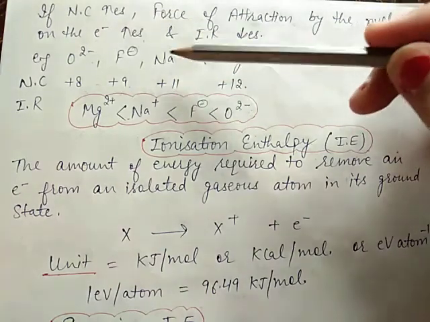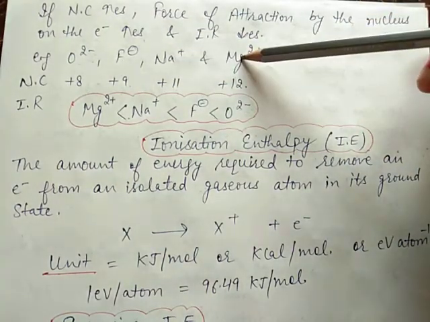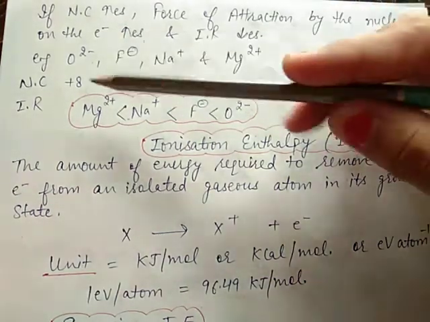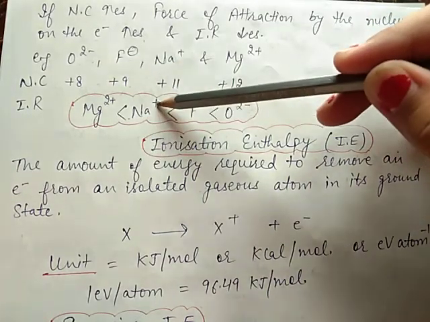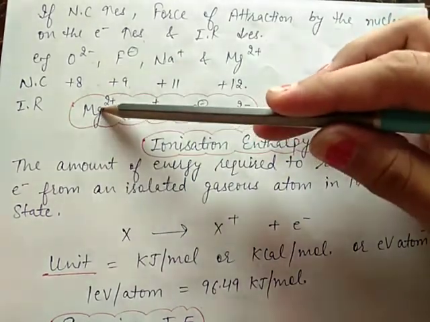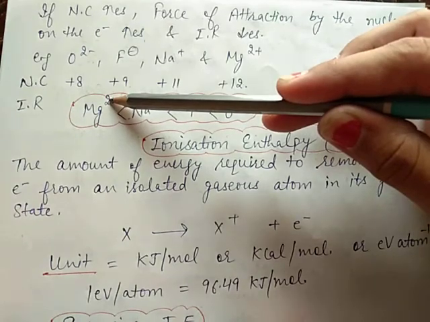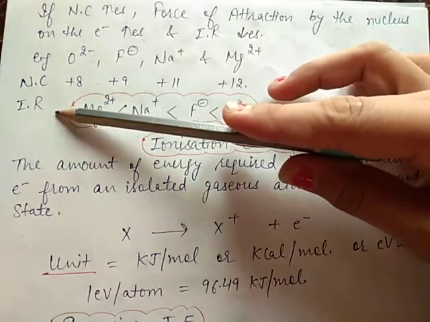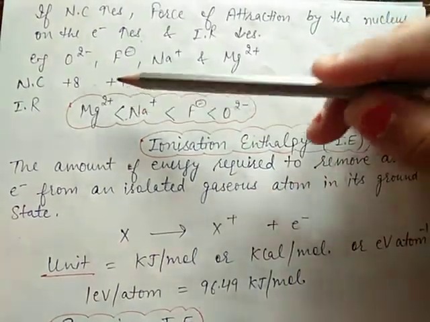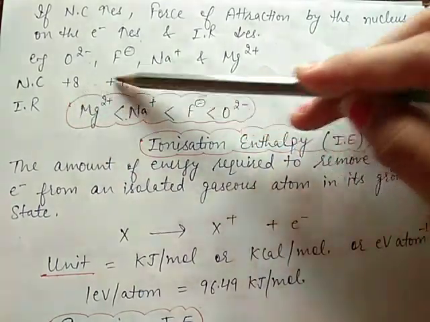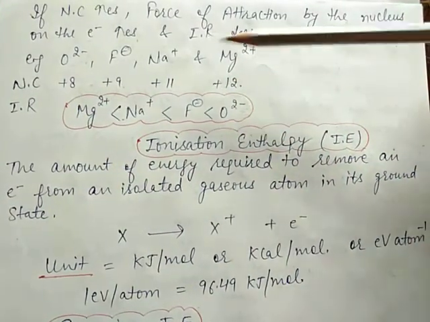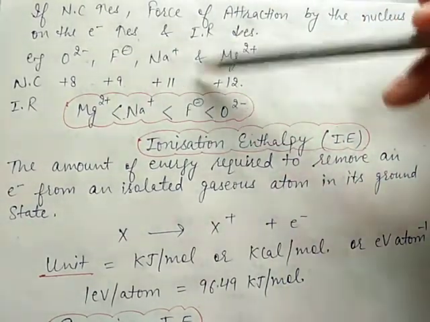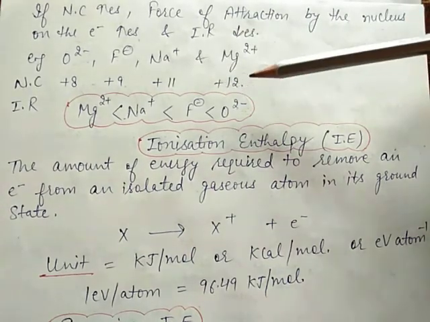Third, in case of cations, a cation is always smaller than the parent atom. The parent atom is not in this question. Then after that sodium plus 1, and after that magnesium plus 2. So this is the order of ionic radius, because ionic radius is inversely proportional to the nuclear charge. Nuclear charge means number of protons. Here write the number of protons, after that you can easily find out.